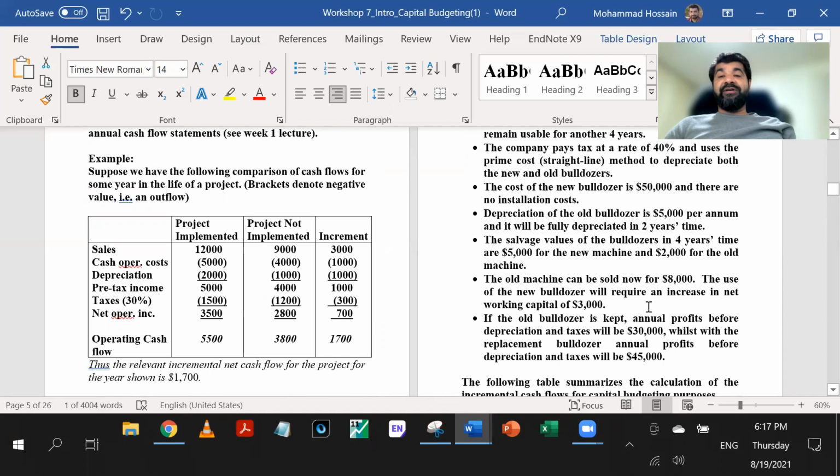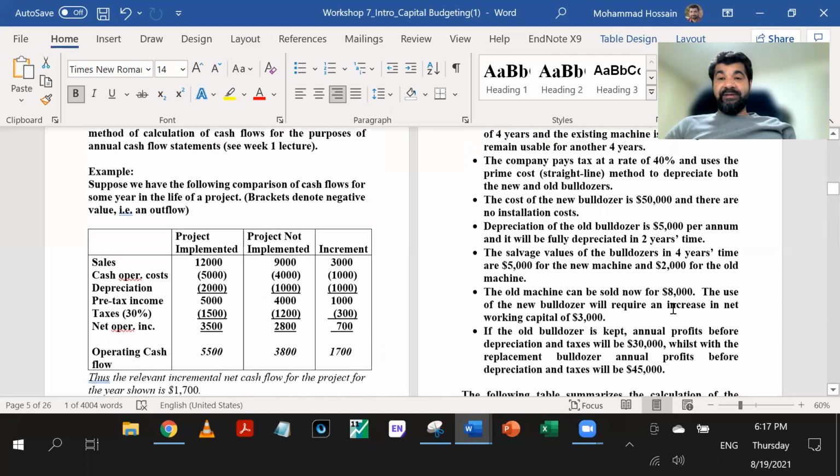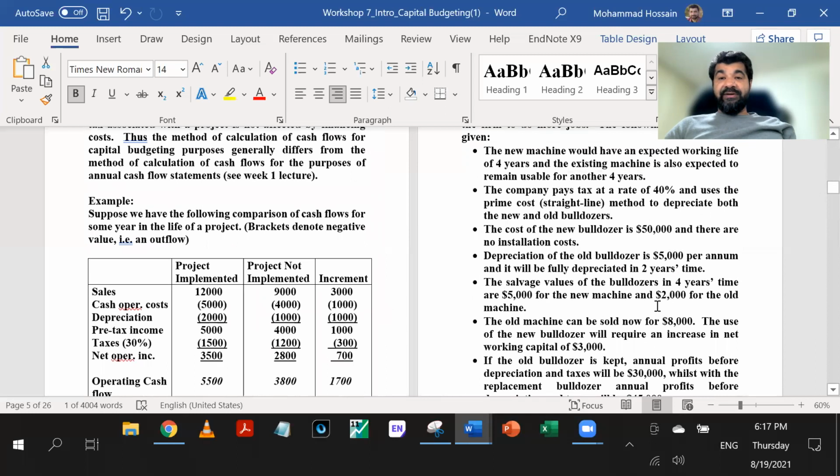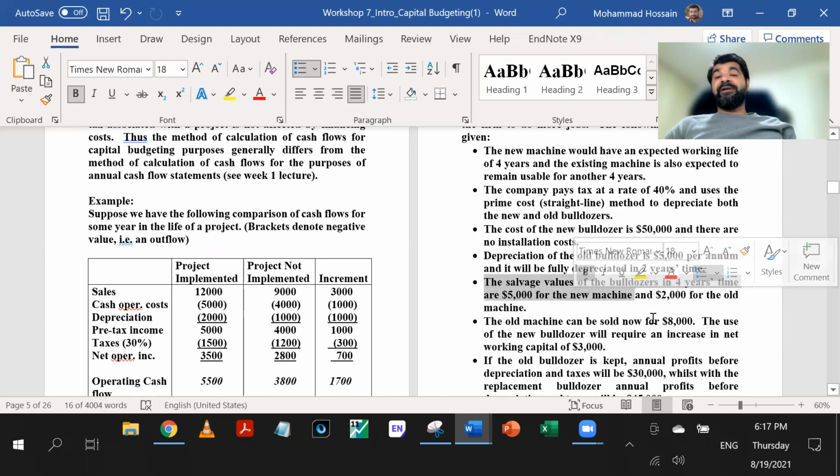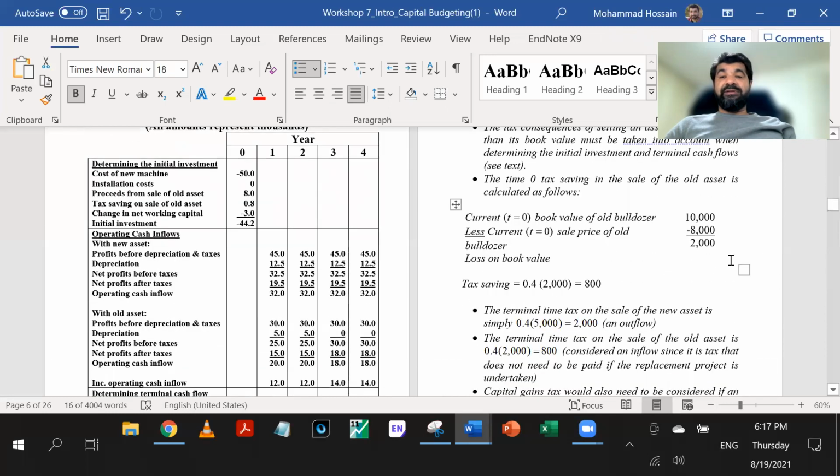Where is that? The salvage value of the bulldozers in 4 years' time is 5,000 for the new machine and 2,000 for the old machine. That's for this 2,000.